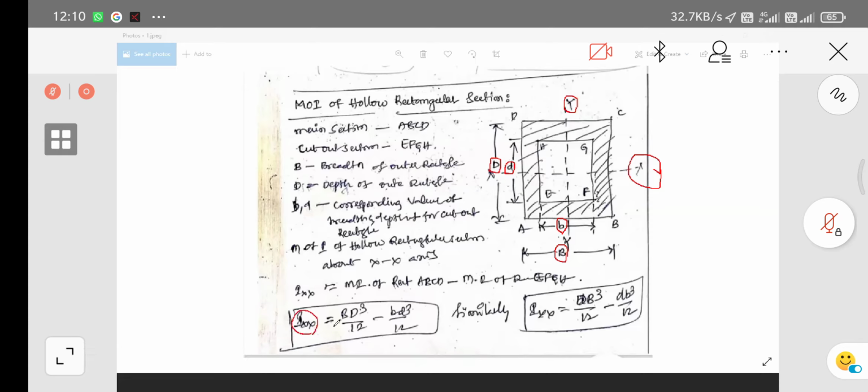So this is my central axis, that is IXX. For a solid body, the moment of inertia about the central axis is BD cubed by 12.